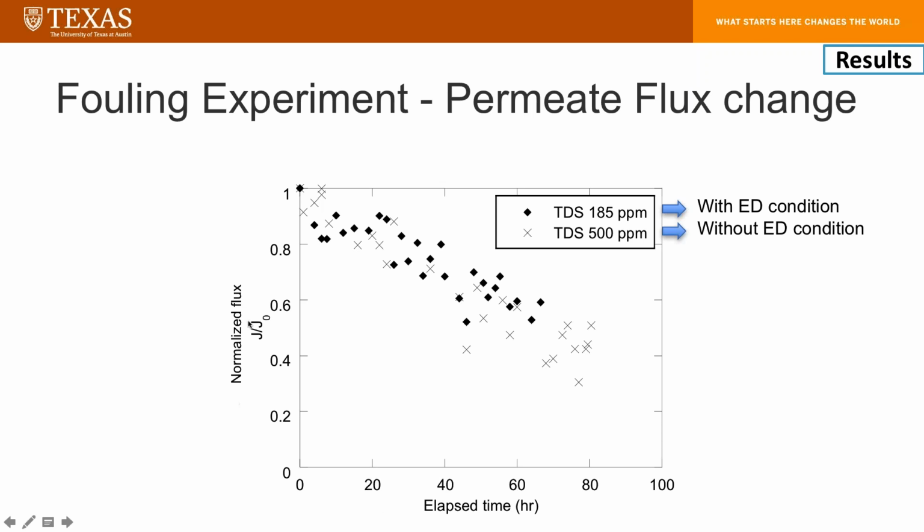The y-axis is the normalized flux, and it decreased when I ran the system for a long time. When I compare the with ED condition and without ED condition, the with ED condition is a little bit above the without ED condition. So it indicates that there is less fouling in the with ED condition.